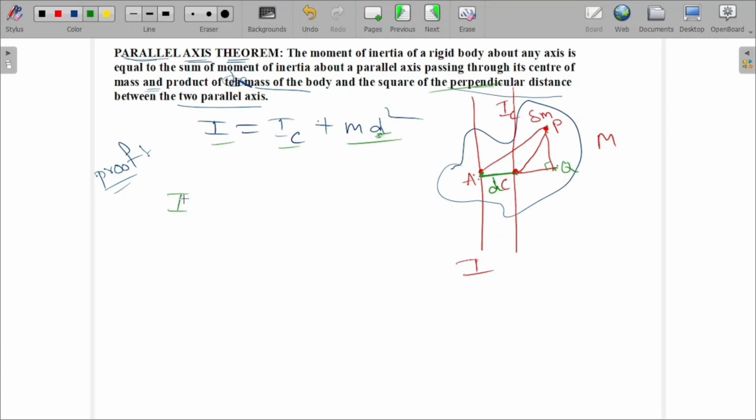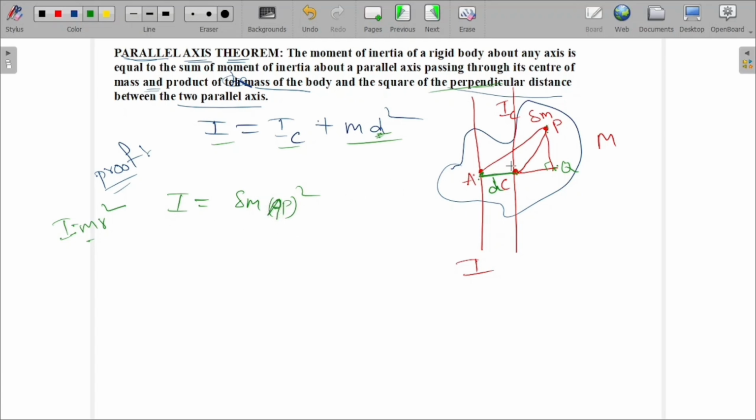I equals delta m times the distance squared. What is the formula for moment of inertia? I equals m r square, where m is delta m and r is the distance, that is AP. So it is delta m AP square.